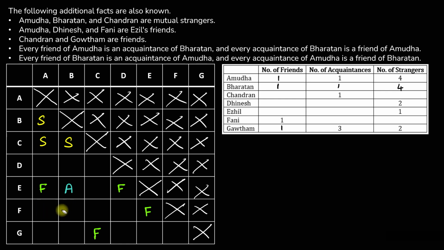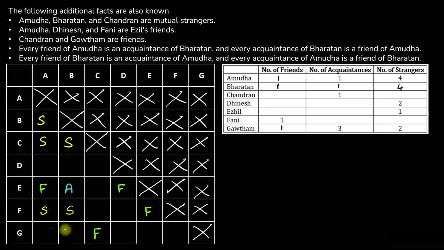So even if you have one F or one A over here, then the other will be either A or F, which is not possible, right? So the only way F can be related with A and B is that F is stranger to both A and B. And same logic applies for G also. G can have only one friend, and that friend is C. So G cannot come over here.